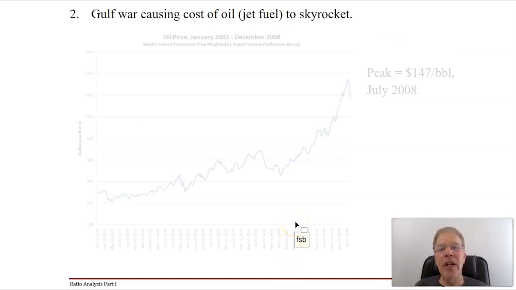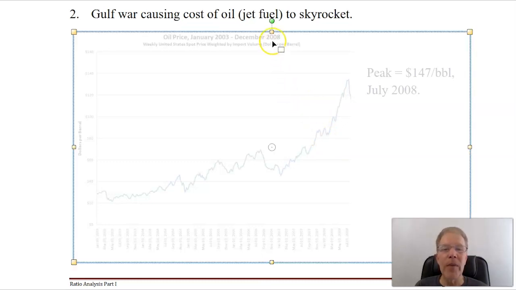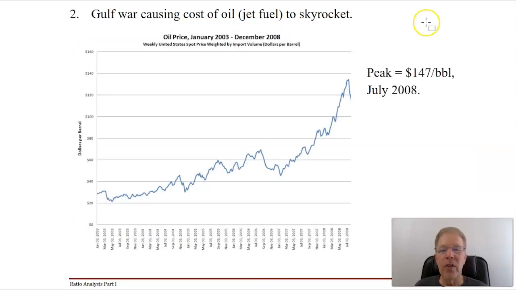Okay, the second macroeconomic thing that was going on that had a big impact on the airline industry was the Gulf War at the time in Iraq. And this was causing the cost of oil to skyrocket and therefore the cost of jet fuel to skyrocket.